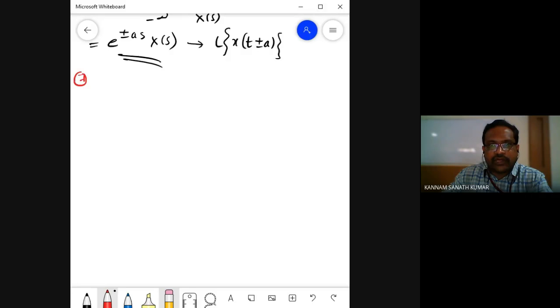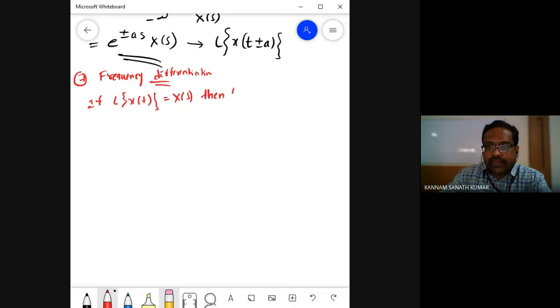So seventh property, frequency differentiation. If the Laplace transform of x of t equals X of s, then if you multiply t with x of t in the time domain, you will get a differentiation in the frequency domain: minus d by ds of X of s.